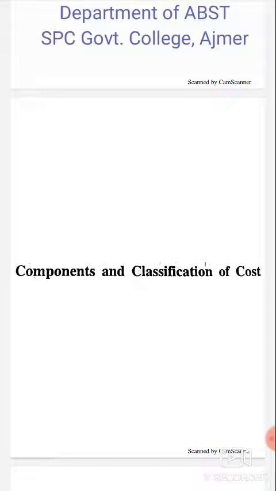The cost obtained by adding administrative overhead to the factory cost is known as office cost. It is also known as cost of production or gross cost.